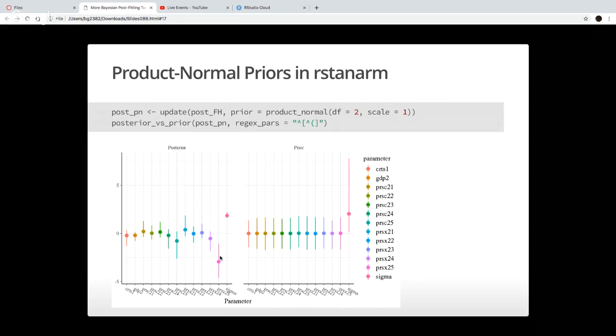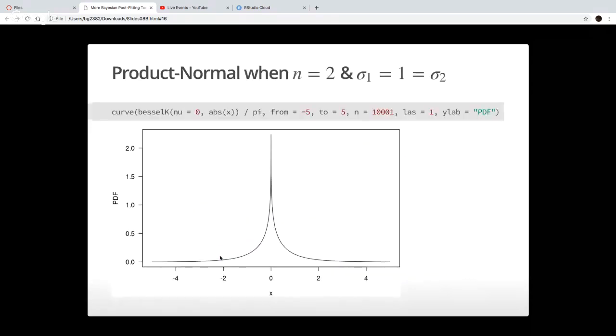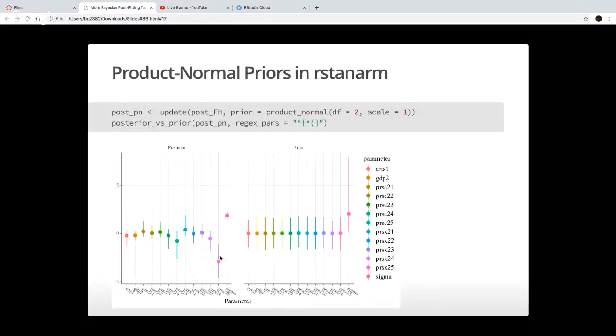And so, yes, you put a lot of concentration near zero, but that didn't stop a coefficient that seems to have a relatively big effect from having a reasonably big, reasonably precisely estimated effect that's bounded away from zero in the posterior distribution.